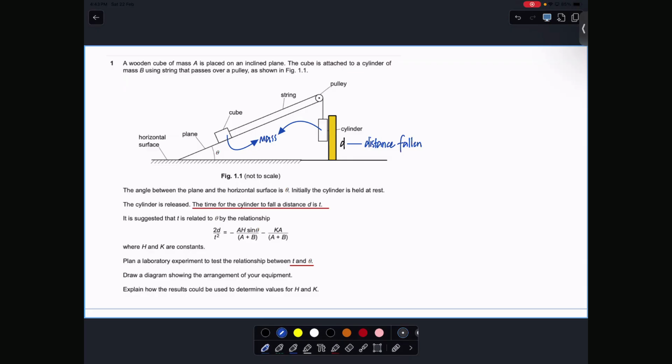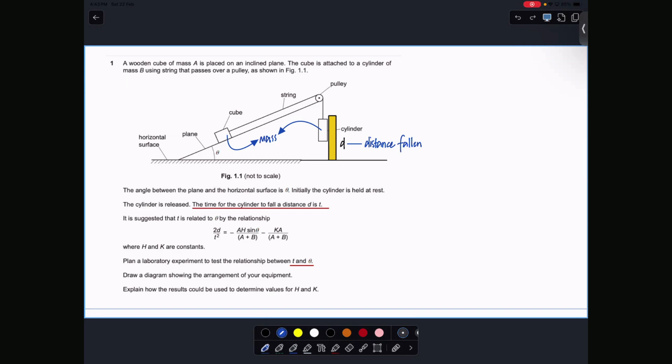Distance fallen. Okay, I'll tell you, what is it? Theta. No, theta is a variable. What else? Surface of the plane or the smoothness of the plane. Yeah, just use the same plane every time.